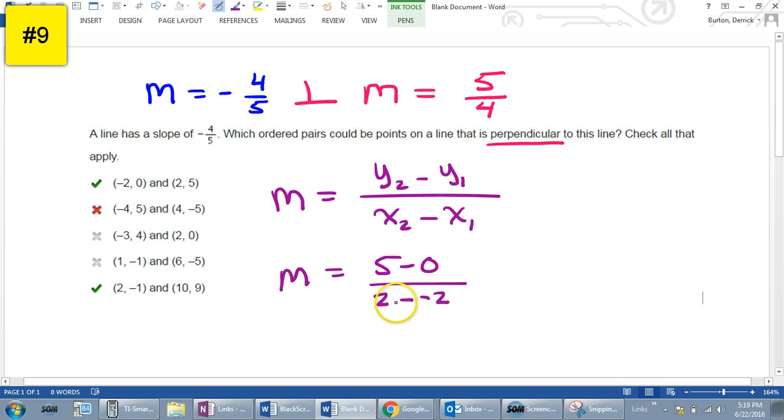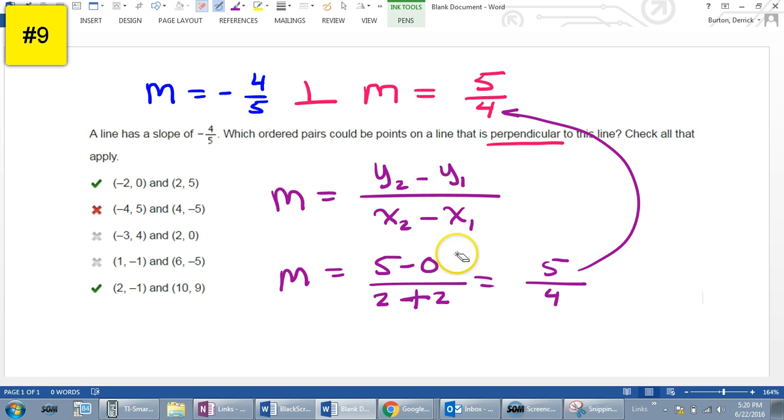Be careful to include both negatives, the negative from the formula and the negative from the number. So 5 minus 0 is 5. 2 minus -2 is the same as 2 plus 2, that's 4. So boom, 5/4. That's why that one is in.